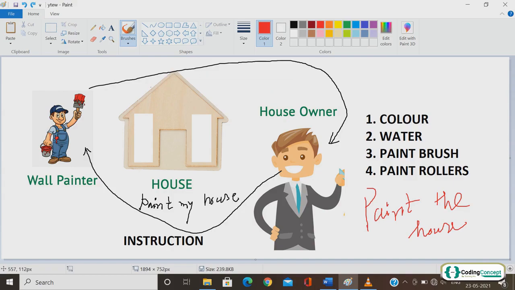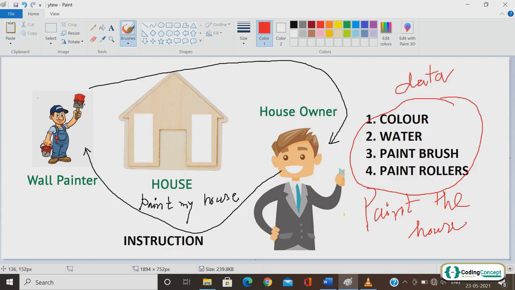Obviously wall painter, isn't it? The wall painter is performing the task. The wall painter is painting the house and he needs some materials as well as equipments. So those are actually the data. So these four things are the data which are required to paint the house.